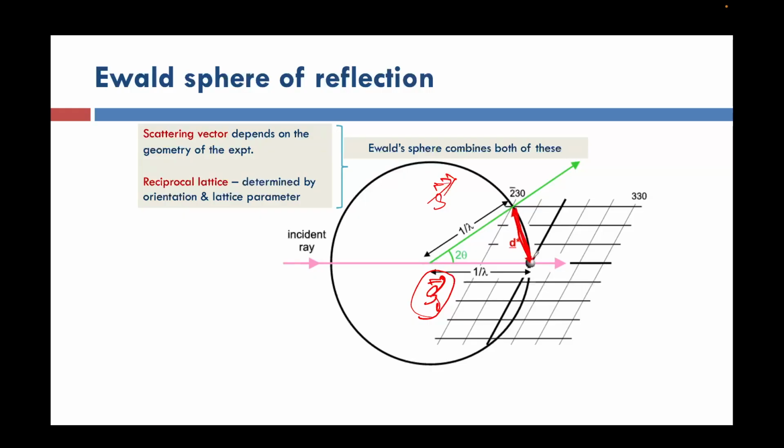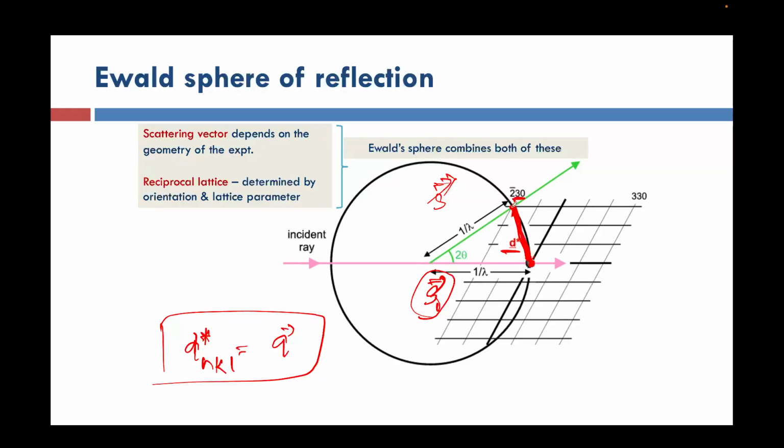So here I am getting two, and remember this is the origin of my reciprocal lattice, and the distance between this point and the origin will be given by the d star corresponding to this. So when my d star of a particular HKL is equal to the scattering vector, this is the condition for diffraction.